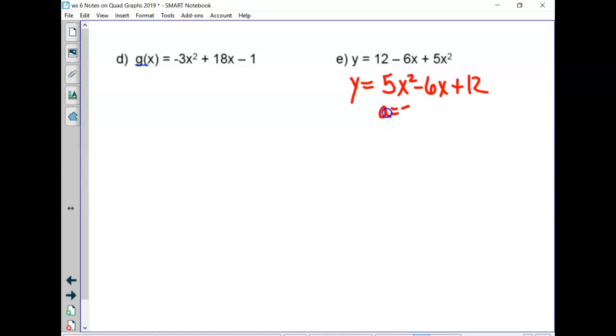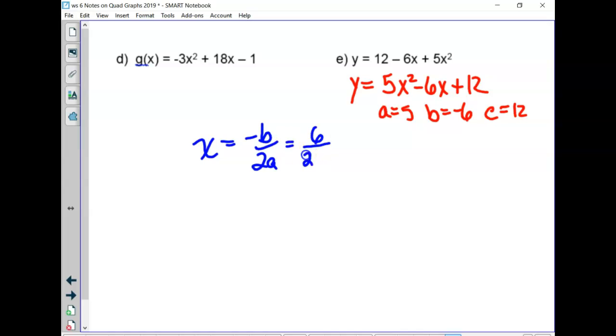This is A, B, and C for finding the vertex or the line of symmetry. So if we do x equals opposite of b over 2a, we'd have positive 6 over what? 2 times 5, 6 over 10, or 0.6, or 3/5.